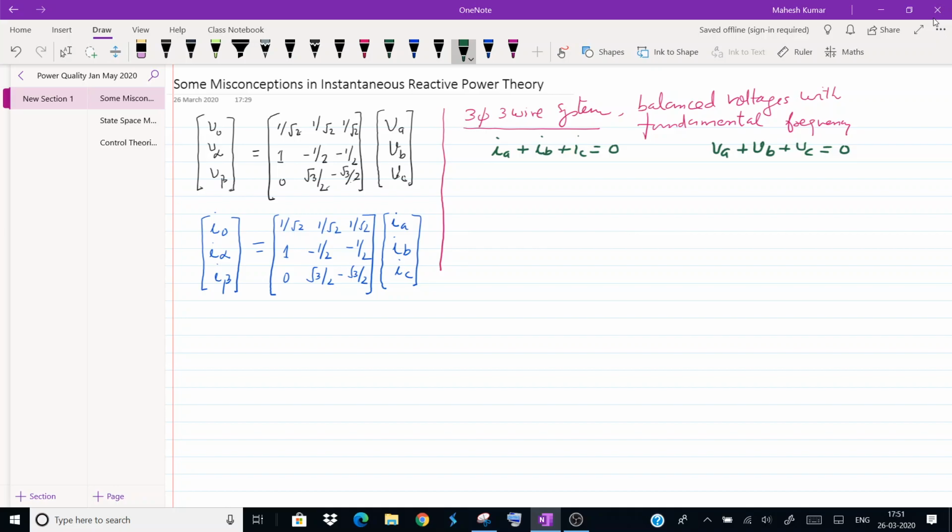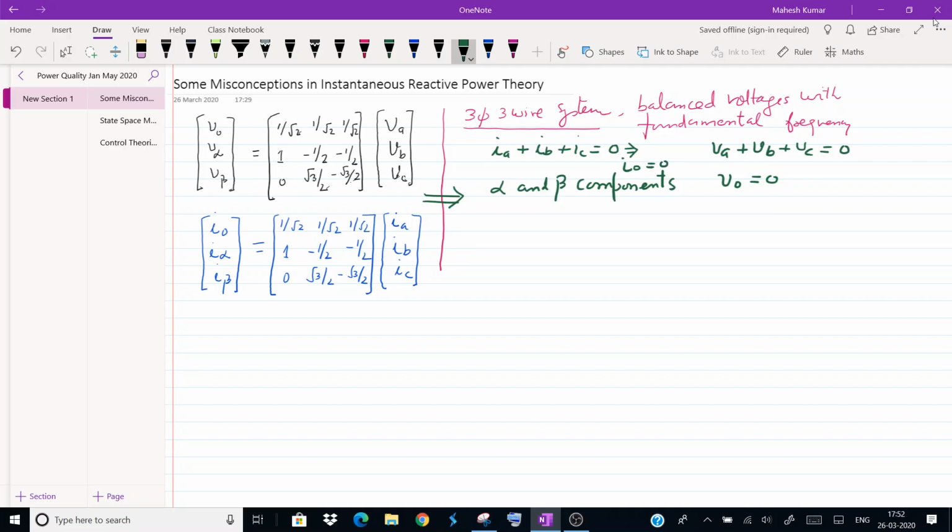That means, in other words, the zero sequence current and zero sequence voltage are redundant in this system. So we can reduce these two equations to only alpha and beta components. Now this implies V0 is equal to 0, and this implies that I0 is equal to 0.